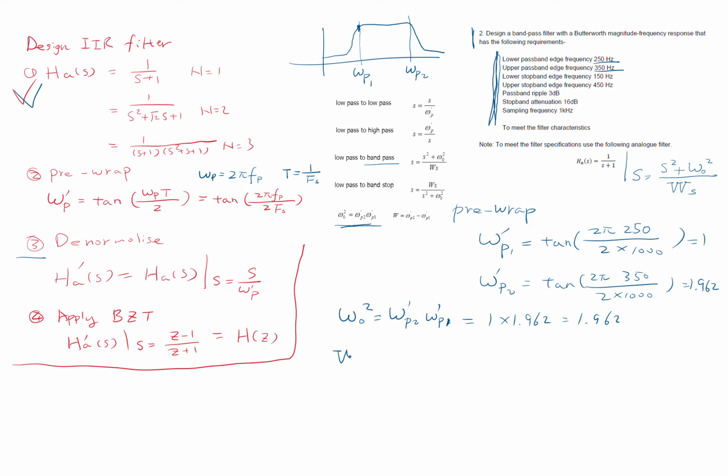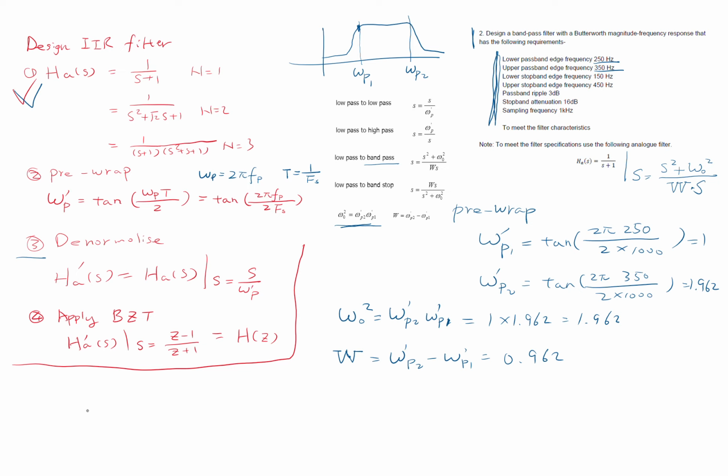And this W equals the second one minus the first one, so 1.962 minus 1 is 0.962. So this is actually not a subscript, this is S, multiplied with S.